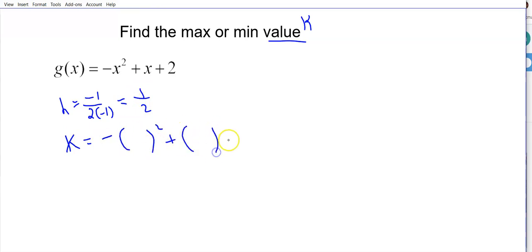For k, I'm just going to plug that in. Everywhere there's an x, this might take a little bit of work, I'm going to plug in a 1/2. So I get 1/2 squared, 1/2 times 1/2 is 1/4, so this is -1/4 plus 1/2 plus 2.